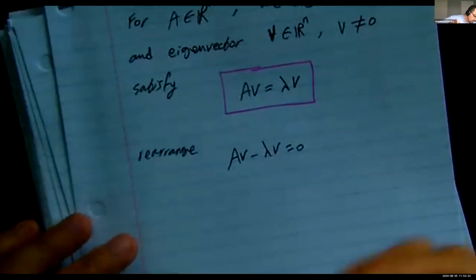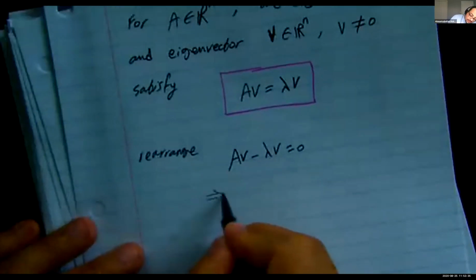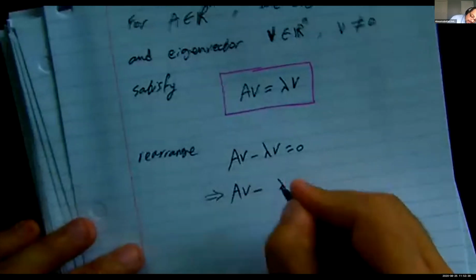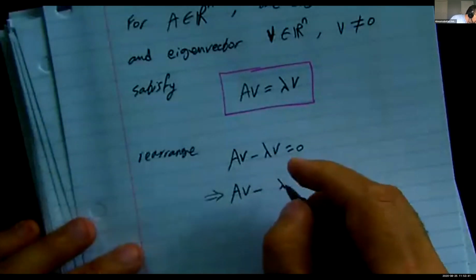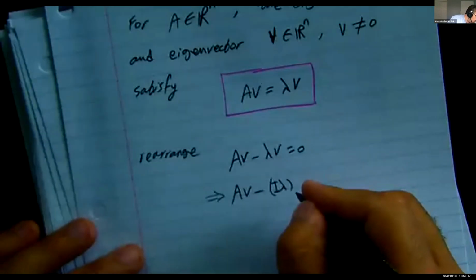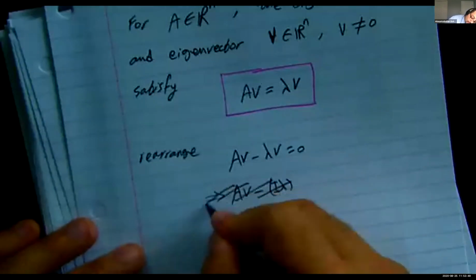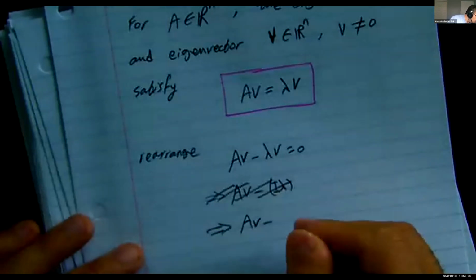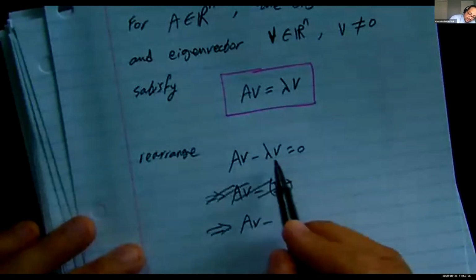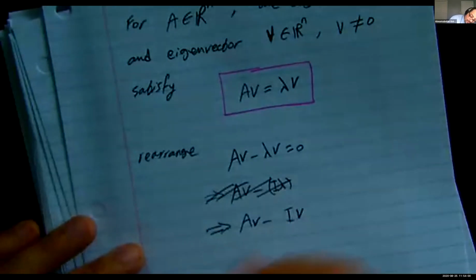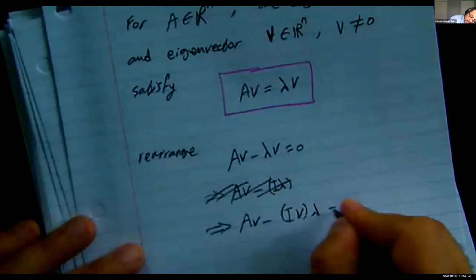So I can also write this as AV minus, I can multiply the vector by the identity matrix, IV times lambda, is equal to 0.